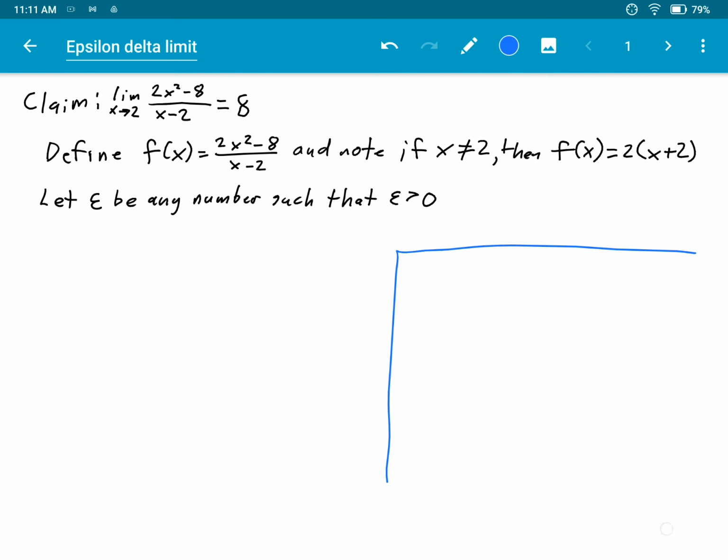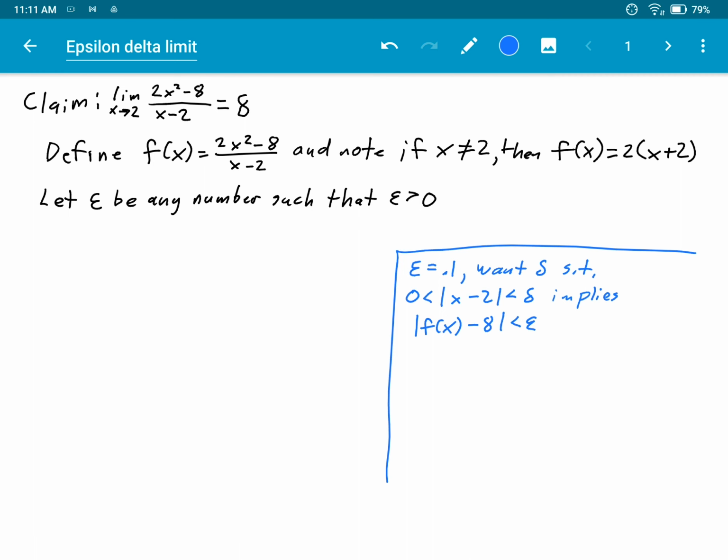So for our first bit of thinking, let's look at epsilon being equal to 0.1. What would happen if epsilon was 0.1? Well, then we would need some kind of a delta. So we want a delta such that if 0 is less than the absolute value of x minus 2, so I'm within delta of 2, this implies that the absolute value of f of x minus 8 is less than epsilon.